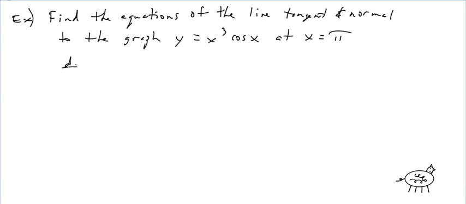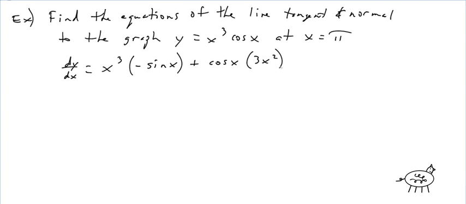So dy dx is going to be, we're going to use the product rule. So it's going to be the first, x cubed, times the derivative of the second, negative sine of x, plus the second times the derivative of the first, which is 3x squared.